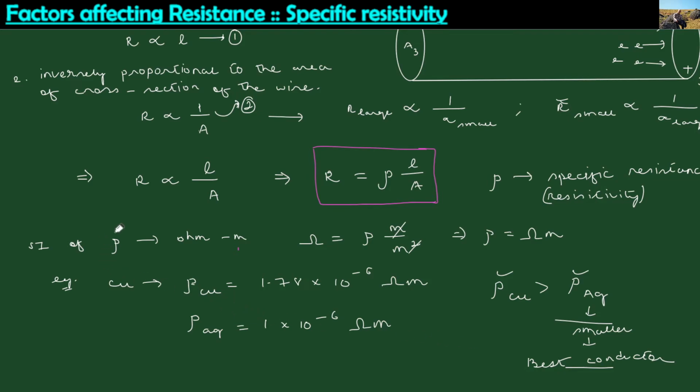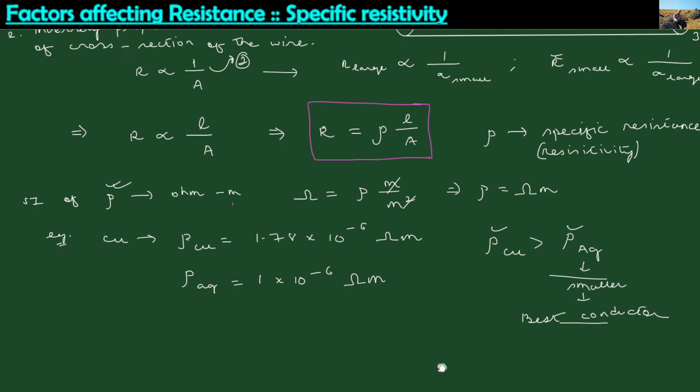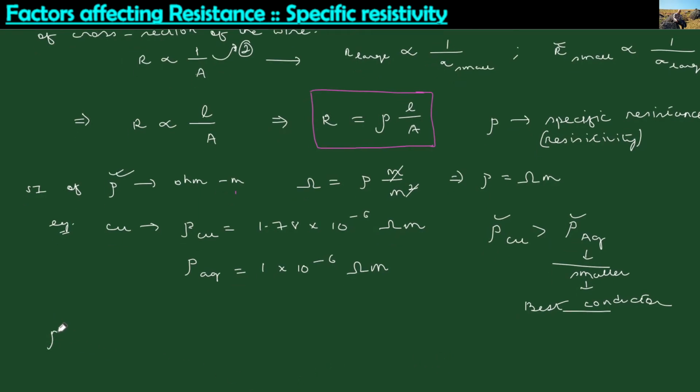So on the basis of resistivity, we can classify materials into different categories. We have what we call conductors, which is this example.